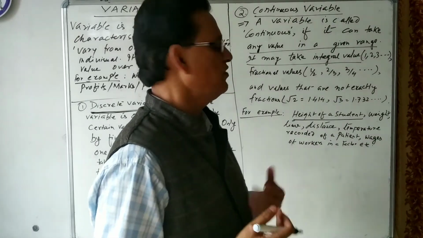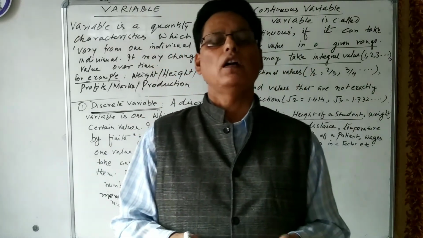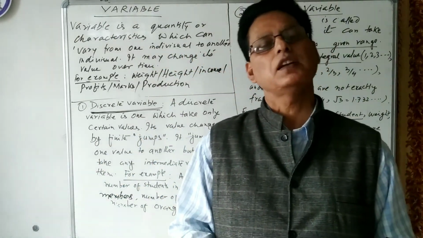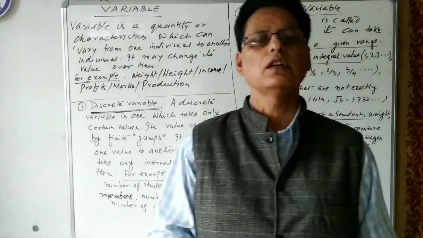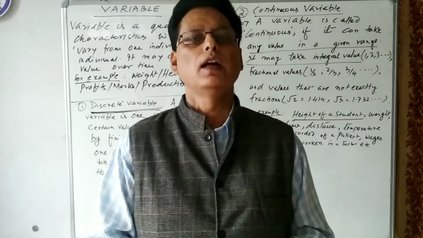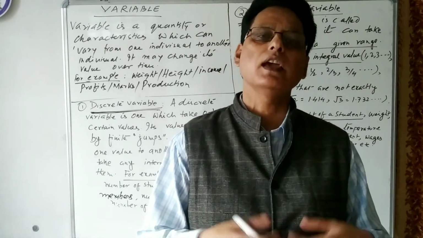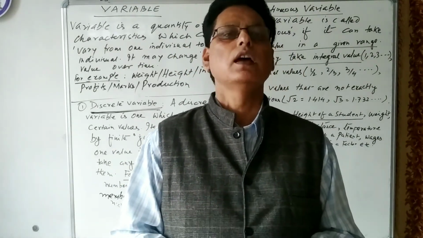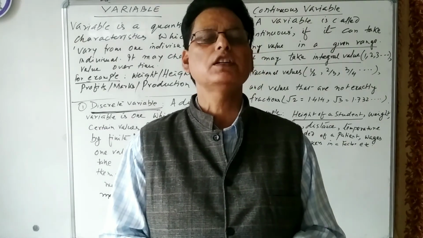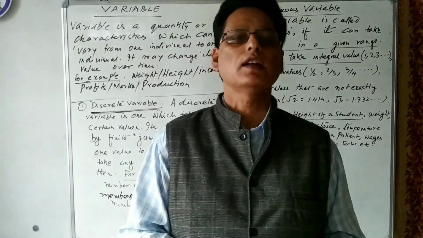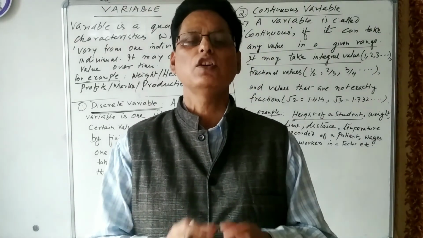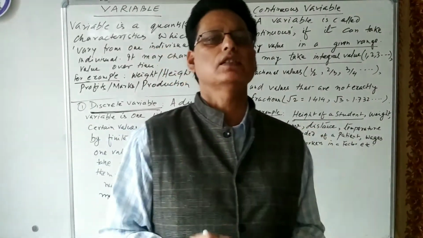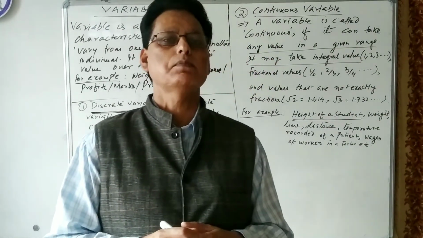Wages of a worker in a factory, the income of a person, also change, and can be expressed as any number. It can be expressed as a whole number, as a fractional number, or as a number which is not exactly a fraction. So I think these two concepts are clear.